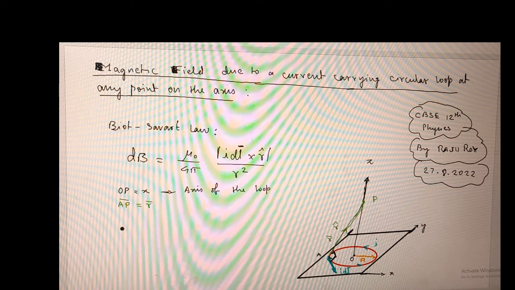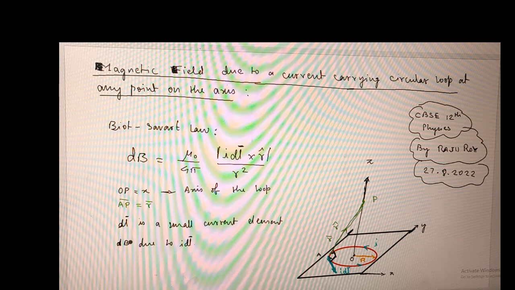Then we'll go for this. So dB due to I dl, the current element. dl is a small element, a vector.